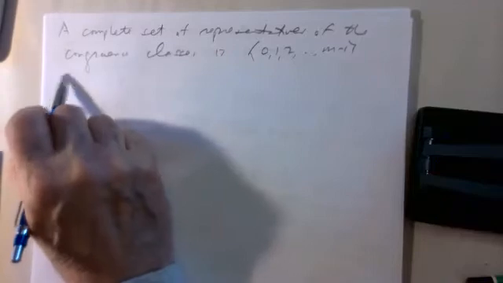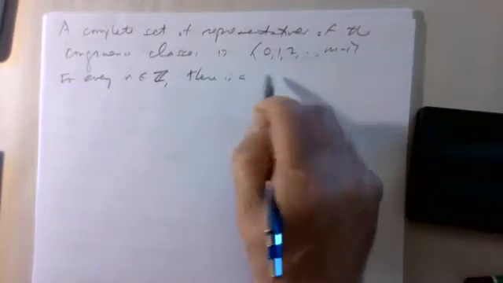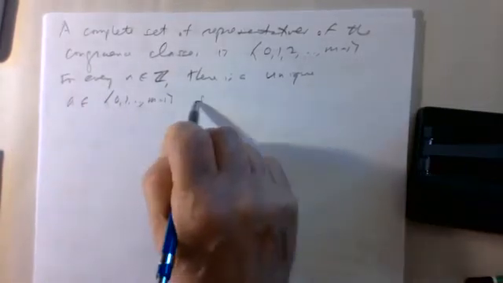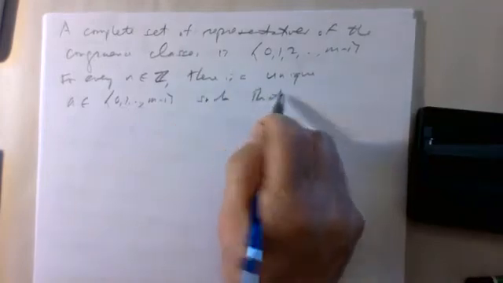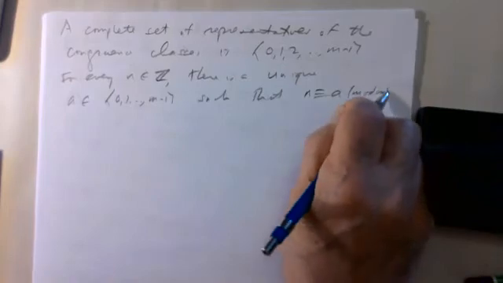This means that for every integer n, there is a unique integer a in this set such that n is congruent to a mod m.